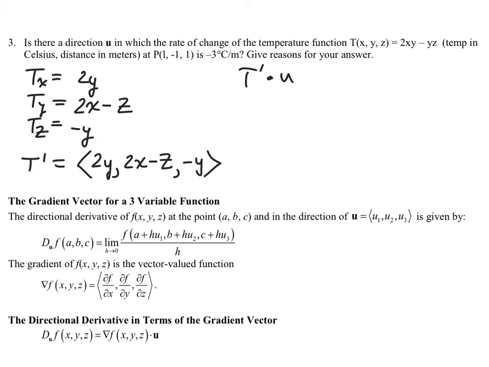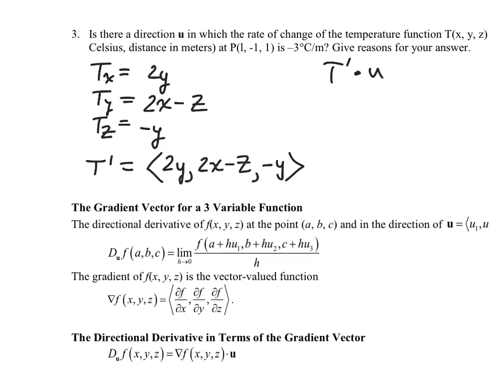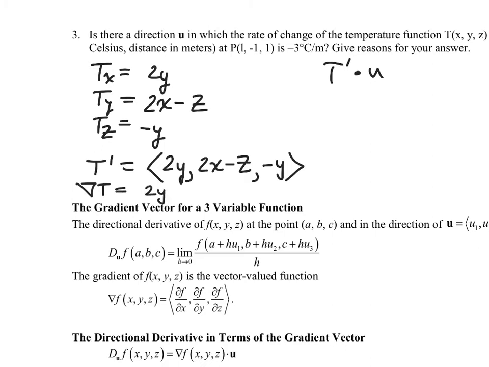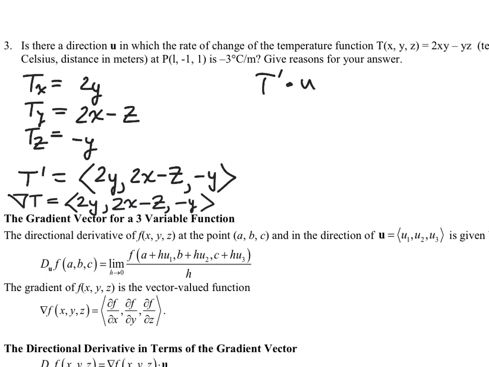And the magnitude of the gradient vector multiplied by cosine theta. All right, so that derivative and the gradient vector are going to be the same thing.